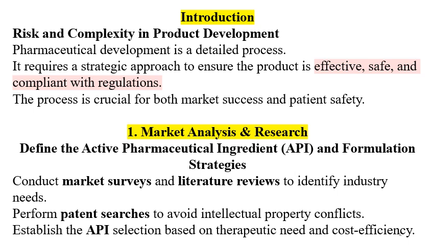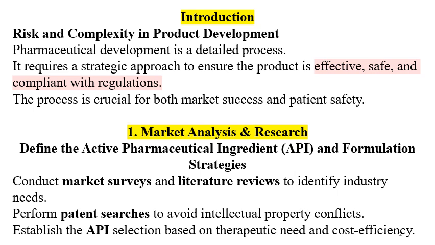The process understanding for the pharmaceutical development is very important when you consider it for the market success and the patient safety and efficacy of the formulation.